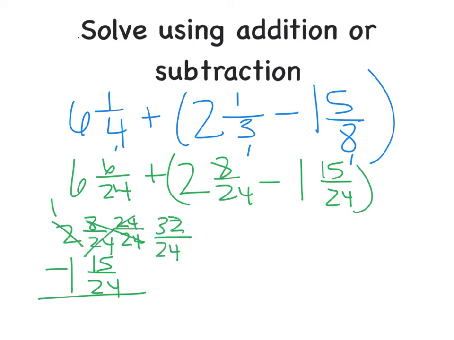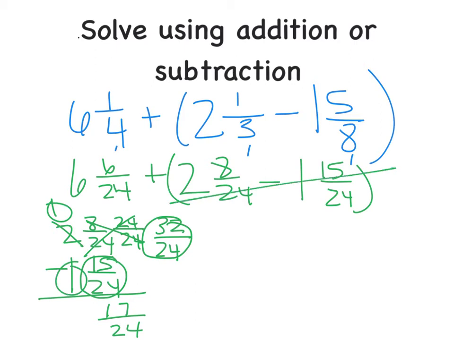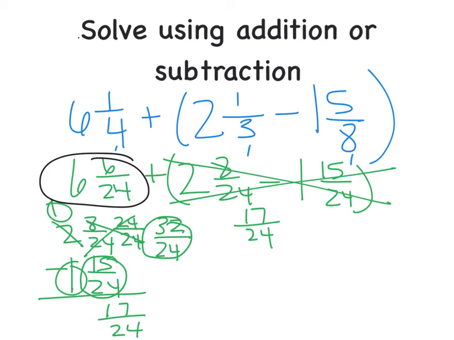Now I can do 32/24 minus 15/24, which is 17/24. 1 minus 1 is 0, so it's just 17/24. So I can cross this part out. That equals 17/24. Now I can do my final step, which is adding the 6 and 6/24 to 17/24.